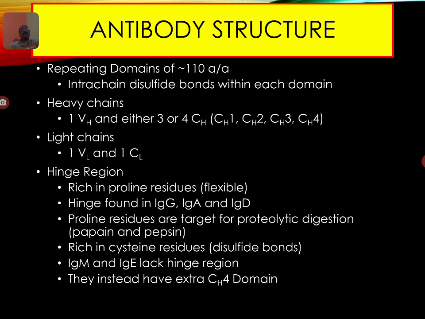This region is also rich in cysteine residues, because of the disulfide bonds. IgM and IgE lack a hinge region. Because of this, they instead have an extra constant region, called the CH4 domain.